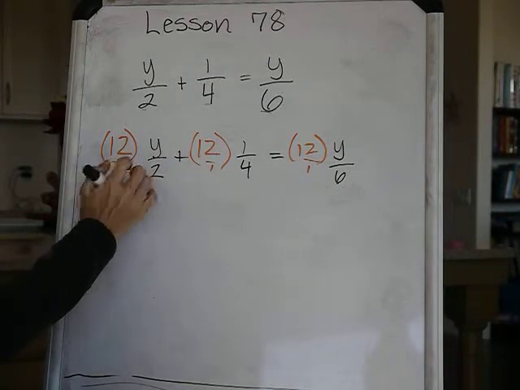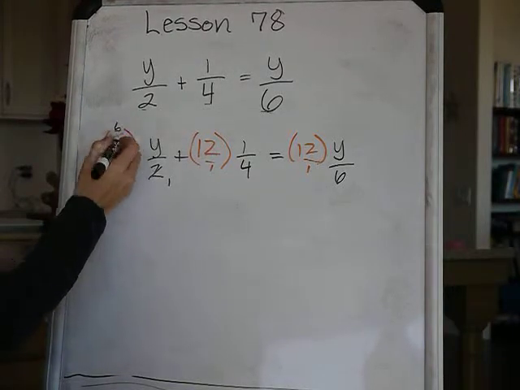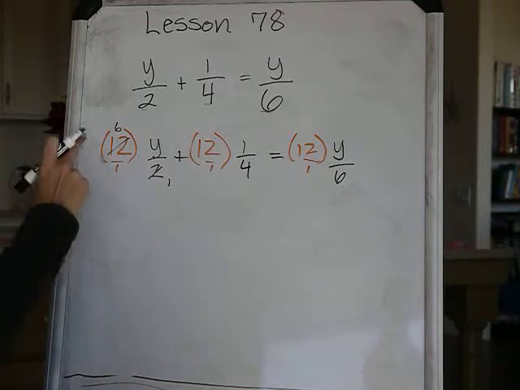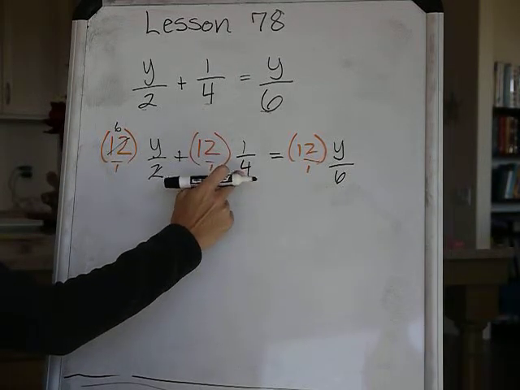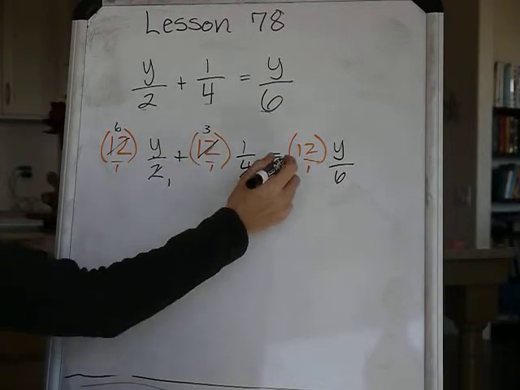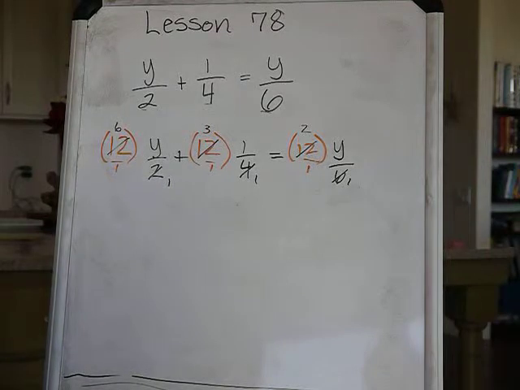Every time we cross cancel, the bottom one turns into a 1. 2 goes into 12 6 times. 4 goes into itself once, and into 12 3 times. And 6 goes into itself once and into 12 2 times.